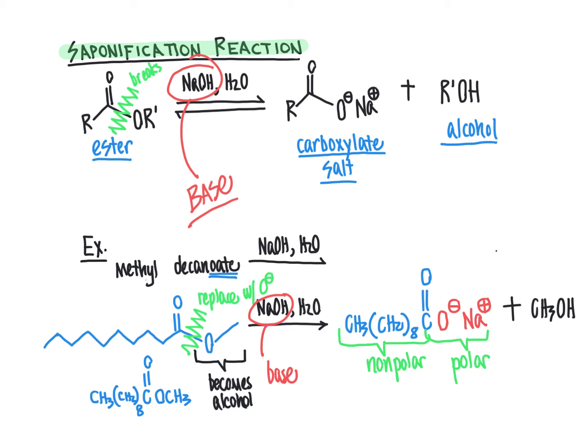A molecule that is amphiphilic is one that has both nonpolar and polar groups. So we call this amphiphilic. Amphiphilic molecules, as I've written out here, are ones that have nonpolar and polar groups both present in the same molecule. Now, why is that important in the process of soaps?